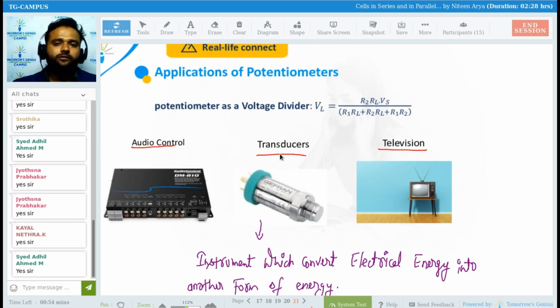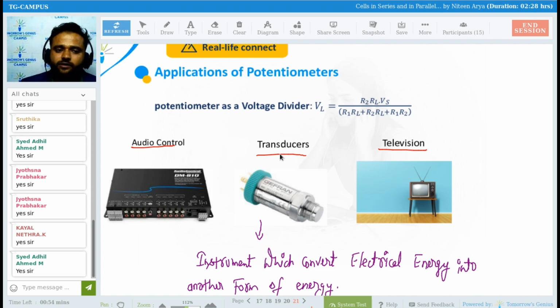Like in audio control, the potentiometer is going to help you out. In households, we have 220 volt, but obviously our audio control or our PC or our phone is not going to handle that much. So this potentiometer is going to help there also. In television also, if we just provide 220 volt or 240 volt, then what happens?